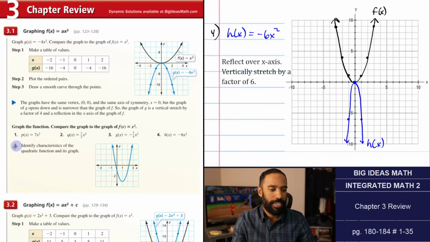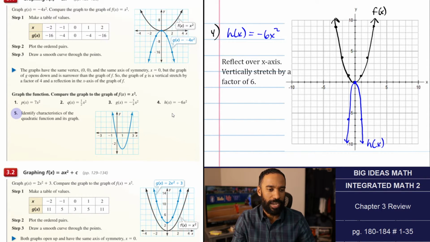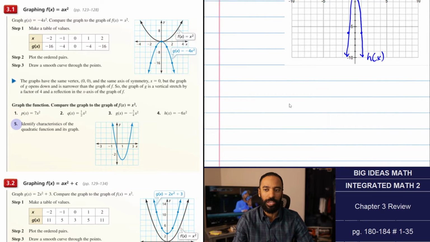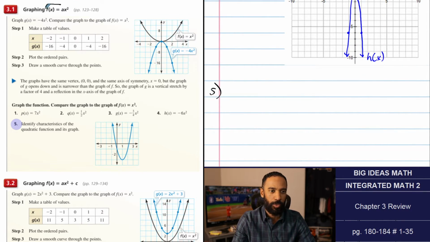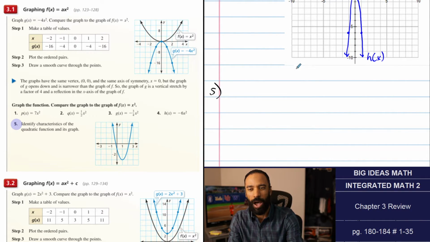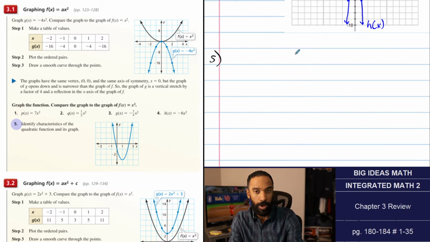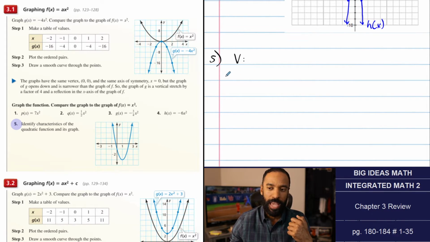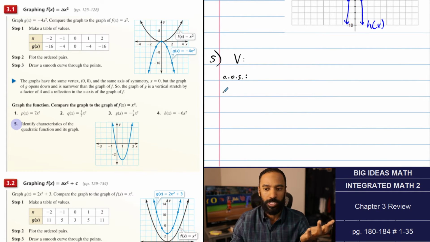Number 5, identify characteristics of the quadratic function and its graph. Well, interesting. Oh, okay. I was going to say, if we have to come up with an equation, interestingly enough, we can't write one based on this ax squared because there would be more of it. But, you know, and I haven't done this stuff in a while to know exactly everything they want, but I think they're going to ask for the vertex, the axis of symmetry, whether it opens up or down.